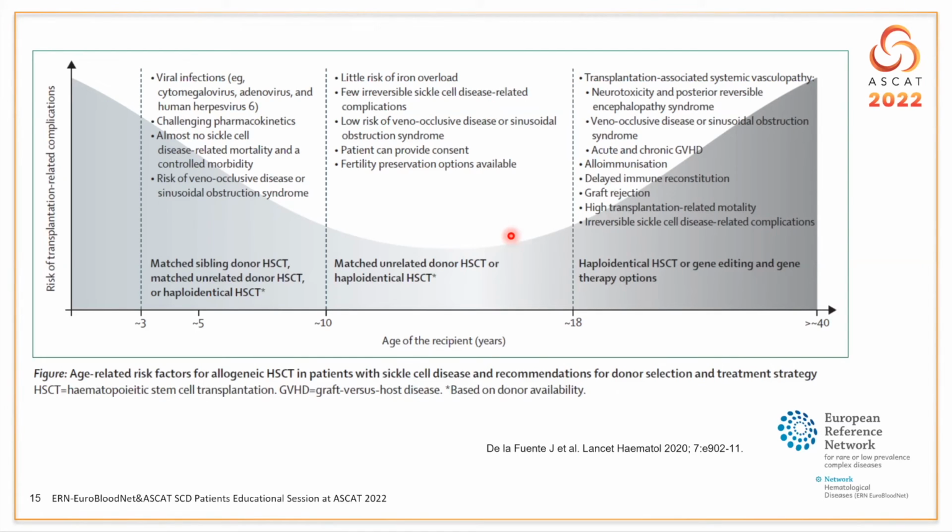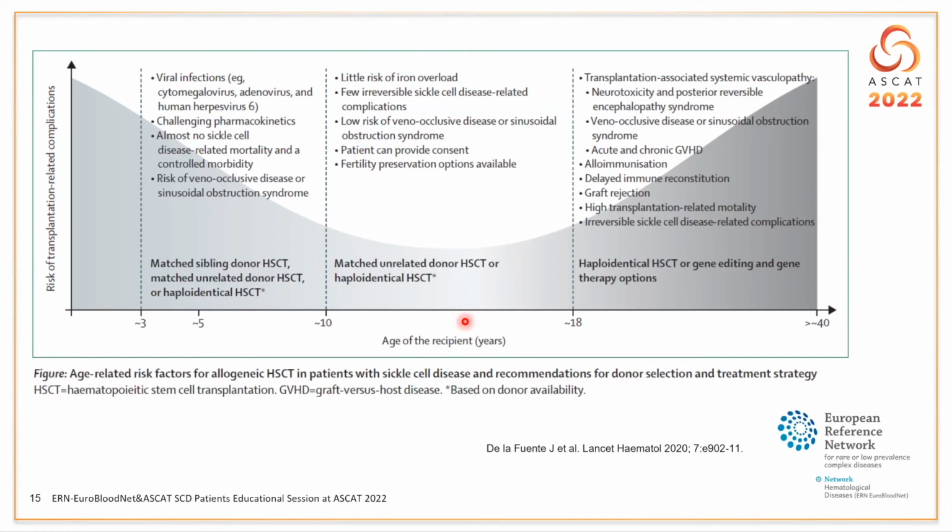So as a physician involved in stem cell transplantation, my experience and the experience of my colleagues is that either is feasible, and in my view, it should be proposed to children or adolescents. It can be performed also in adults, in experienced centers, but the best results can be achieved in younger patients.